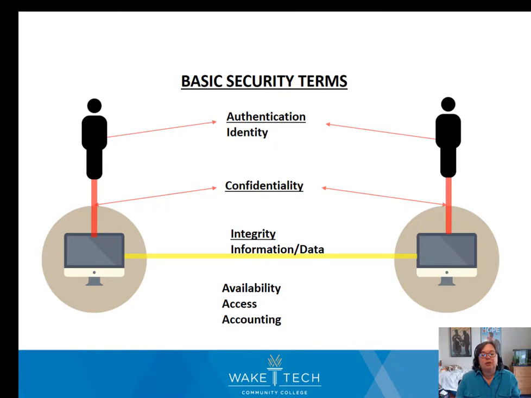We've got to look at who you are and how you prove who you say you are. Confidentiality is looking at the data and the resources to make sure only those folks who need to get to it actually get to it. We all don't need to see everybody's grades, for example, and there are regulations for that called FERPA.